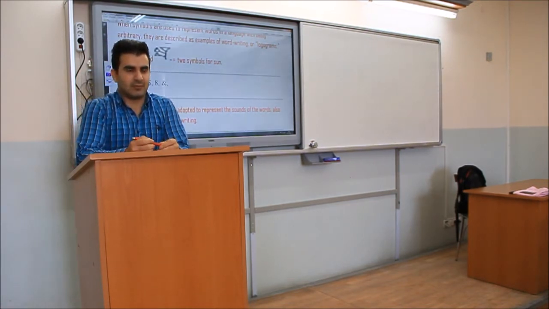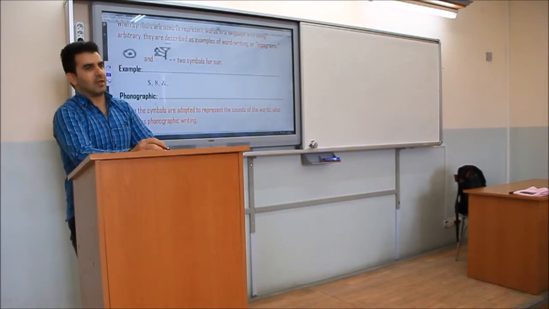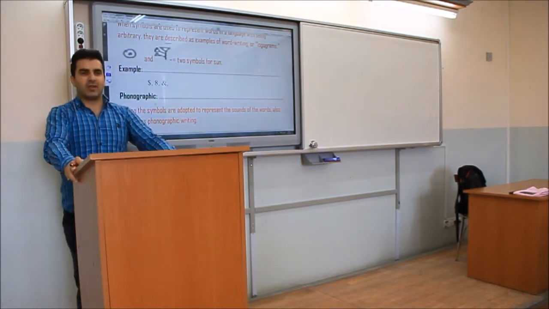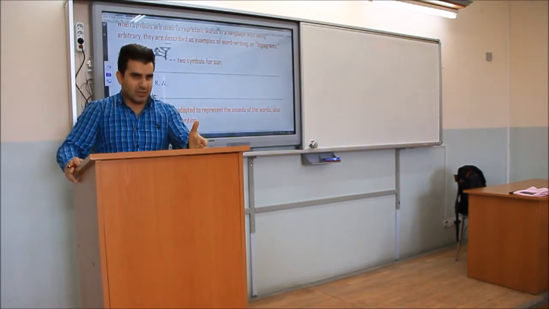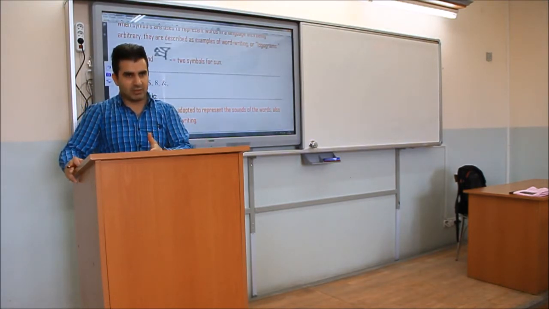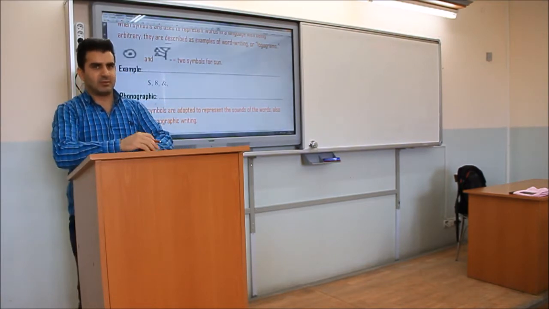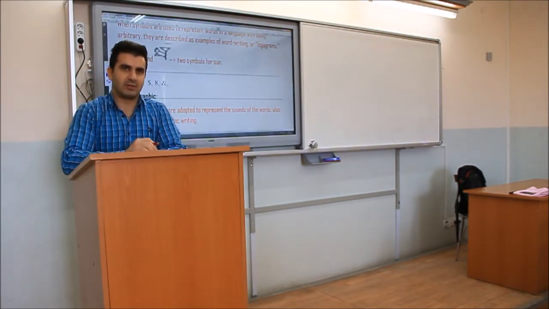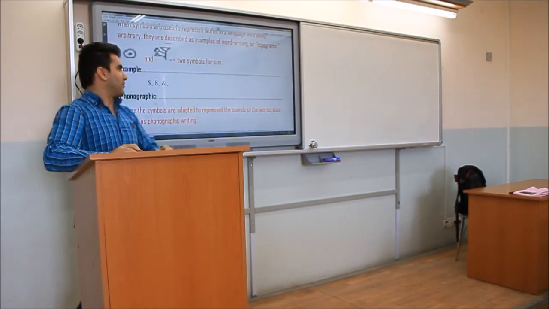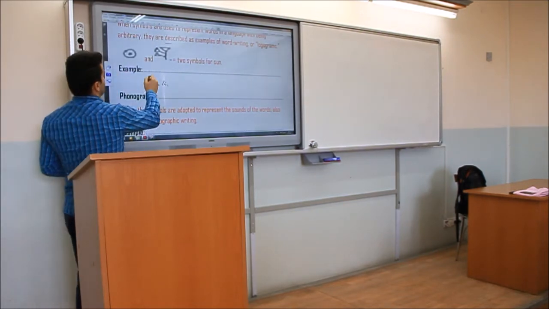But the shape of the animal is different. So that means there is arbitrariness or there isn't arbitrariness? There is no connection between word meaning and word shape. Yes. Okay.